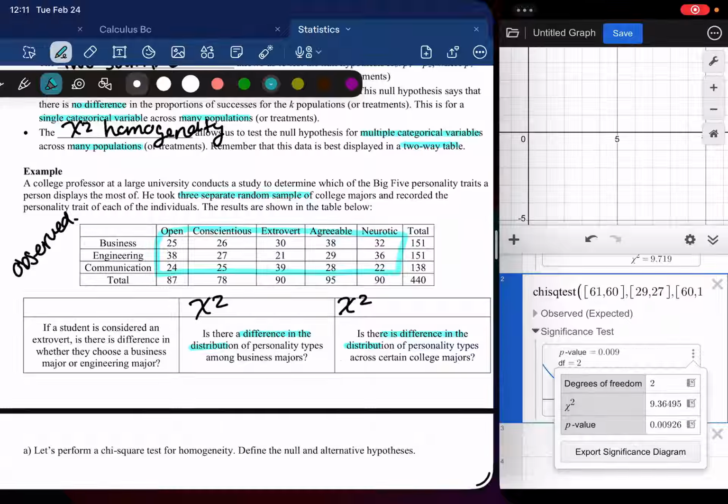So this first one talks about business majors, so that's one categorical variable. And then this one says across certain college majors, which is multiple categorical variables. Which one is goodness of fit and which is homogeneity? Goodness of fit. And the second one is homogeneity.